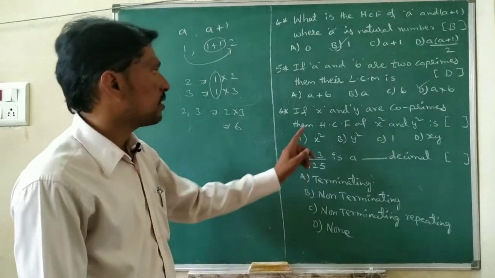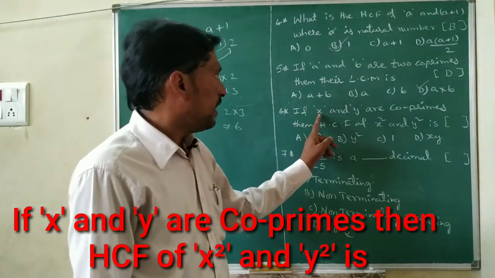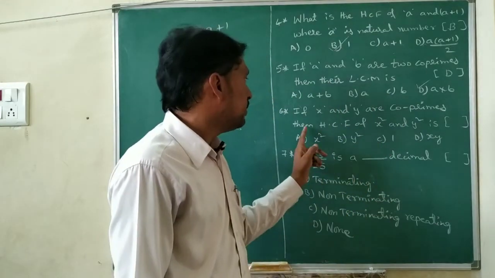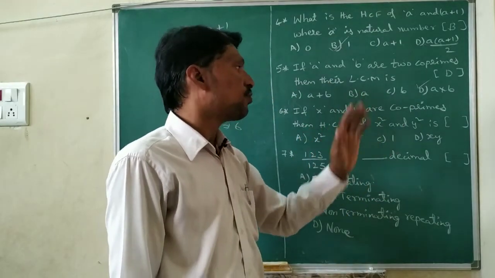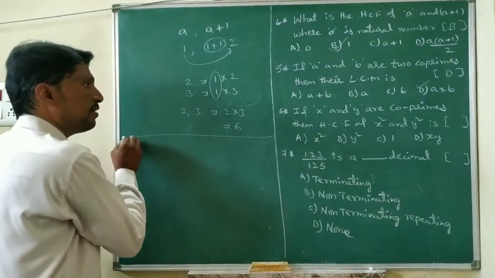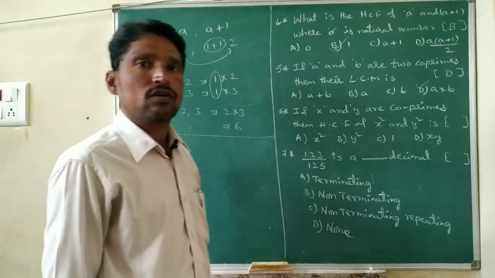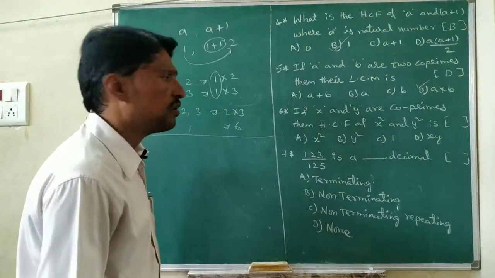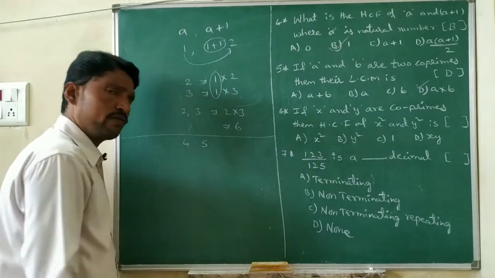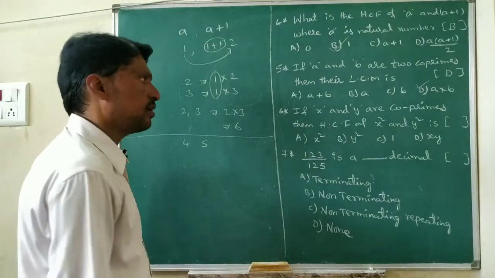Next, if X and Y are co-primes, then find the HCF of X square and Y square. Here X and Y are co-primes. Take any two co-primes, I took 4 and 5. So 4 and 5 have only one as a common factor.